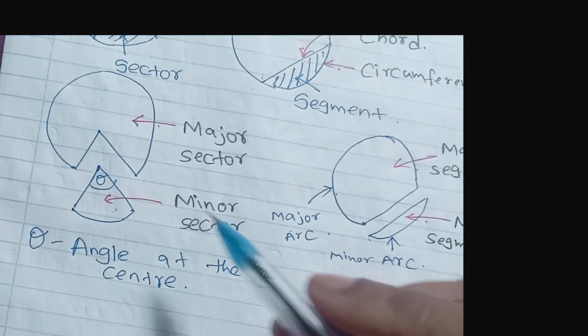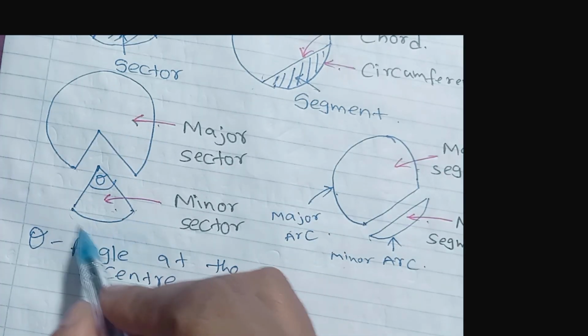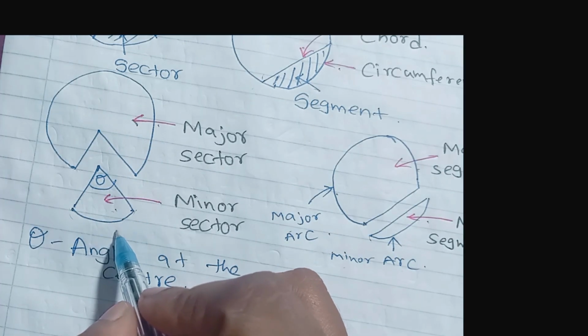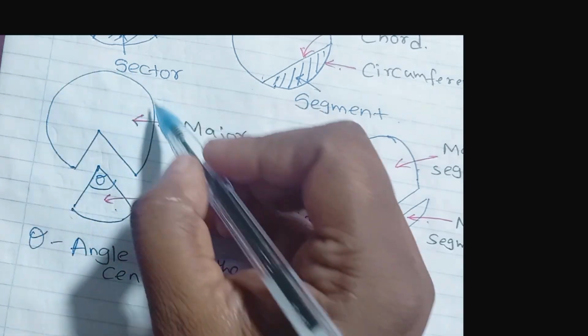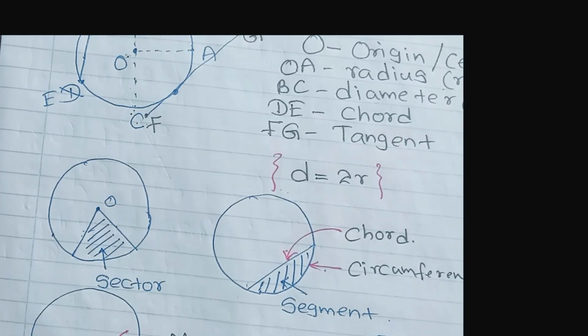Here also we can divide in the same way, right? The small curved line is the minor arc, and the large curved line is called the major arc, right?